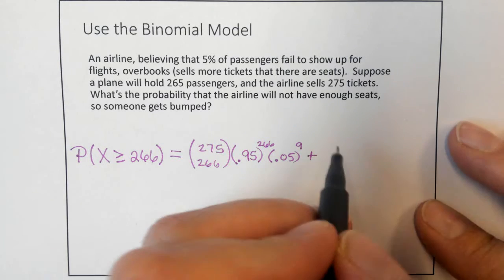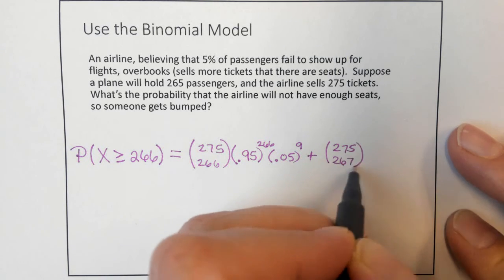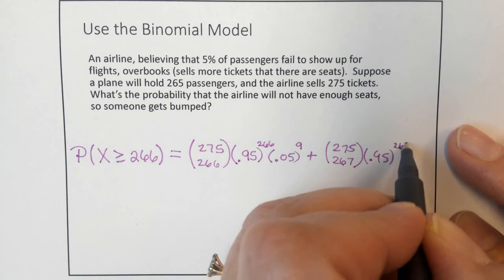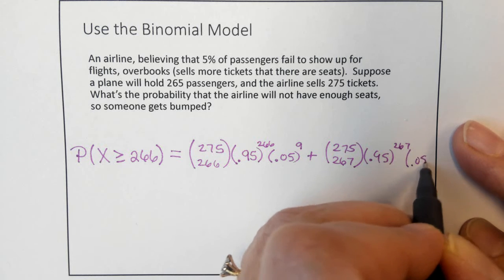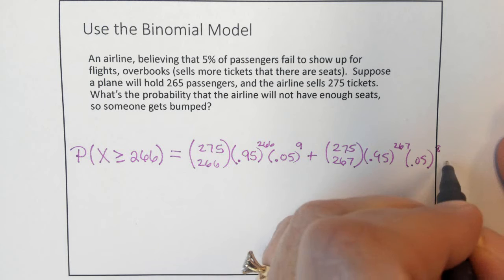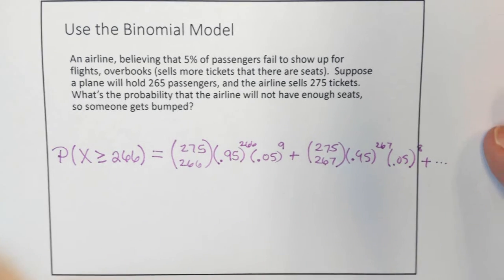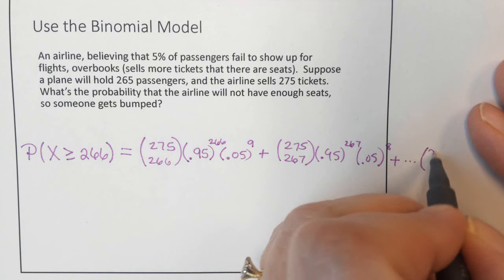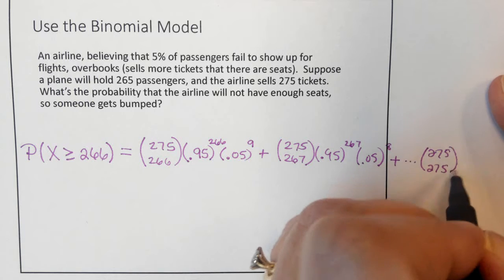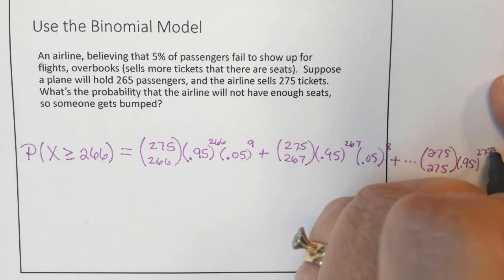Or we could sell 275 tickets, 267 people show up, so 0.95 to the 267th power, and then 5% to the 8th power, 8 people won't show up. And so on and so forth until we get to 275 out of 275 all show up with ticket in hand and 0.95 to the 275th power.